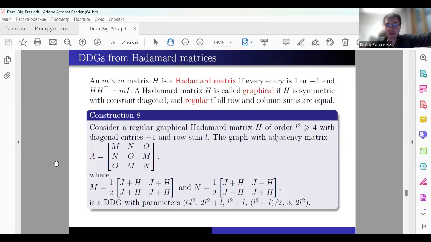Now we have this construction proposed in the first paper on divisible design graphs.